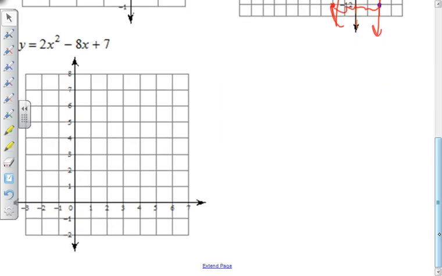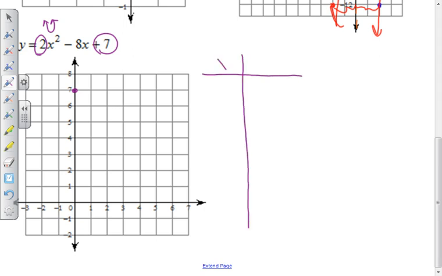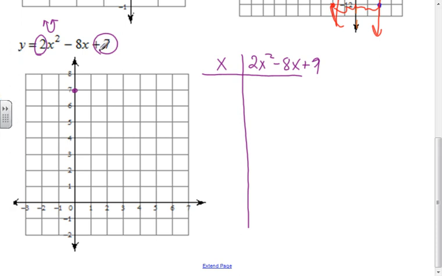Here we go. Now, this graphing one looks more complicated initially. My y-intercept is 7, and I know it opens up. So I'm going to go ahead and make a t-chart. I really need to find where that vertex point is, where it reaches its maximum or its minimum and then starts to go back the other direction.